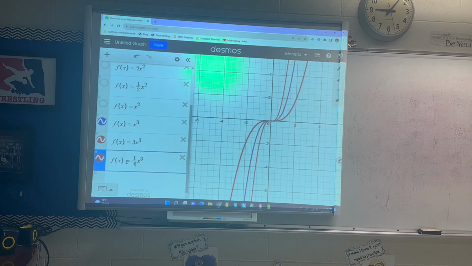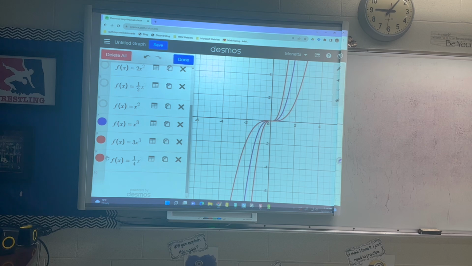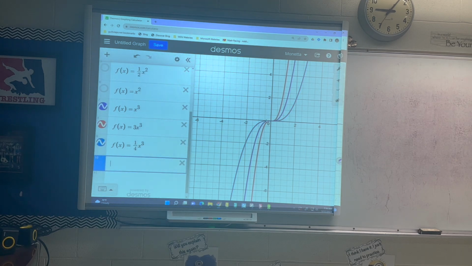Let's do 1/4. And we need another color. Sorry about that. We'll go blue. And look how my Y values, my output values, got smaller. So between 0 and 1, I have a vertical compression, a vertical shrink.